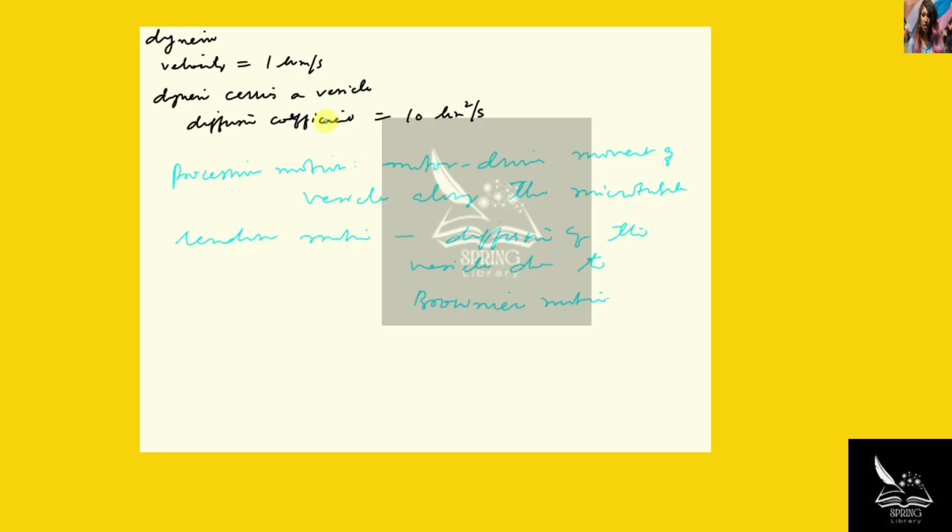So the given information is that dynein moves with a velocity of 1 micrometer per second, which is a processive motion, and the vesicle which dynein carries has a diffusion coefficient of 10 micrometer square per second, which has a random motion.